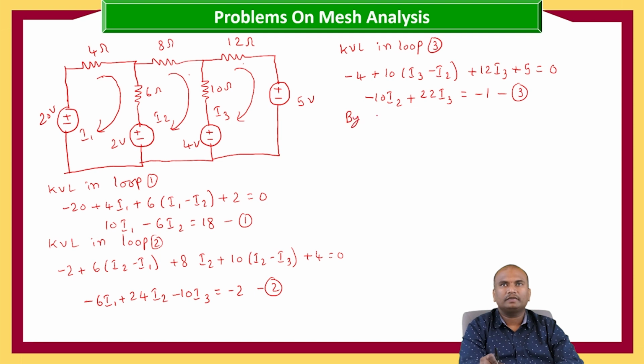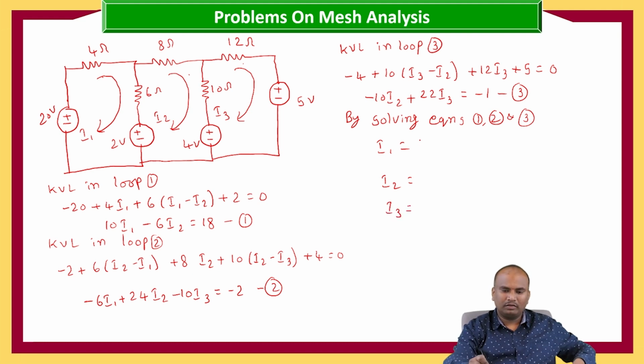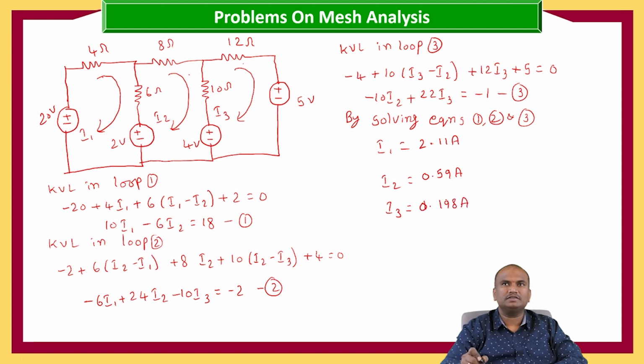By solving equations 1, 2 and 3, we'll get I1, I2 and I3: 2.11 amperes, 0.59 amperes, 0.198 amperes.